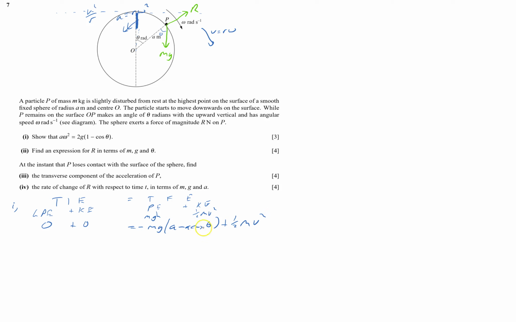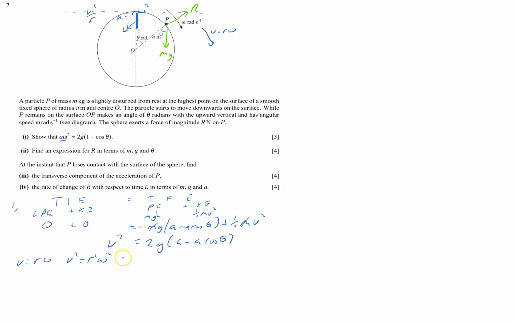So v squared, we'll put that to the other side, v squared equals, times it by 2, get rid of the m's, 2g(a minus a cos theta). It's done the first bit, but we want to have a omega squared, so we need v equals r omega, so v squared equals r squared omega squared.